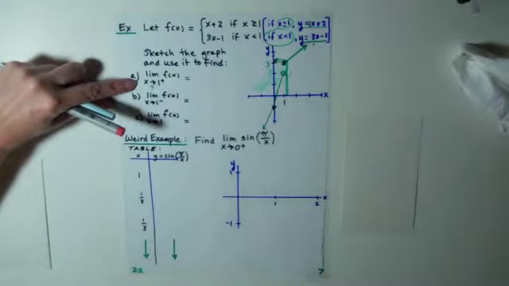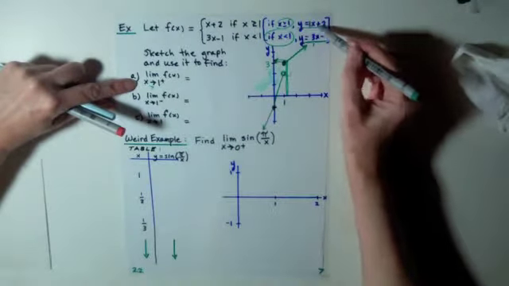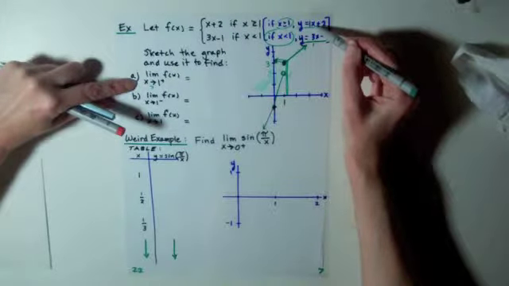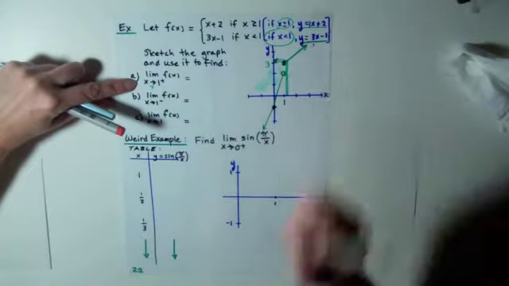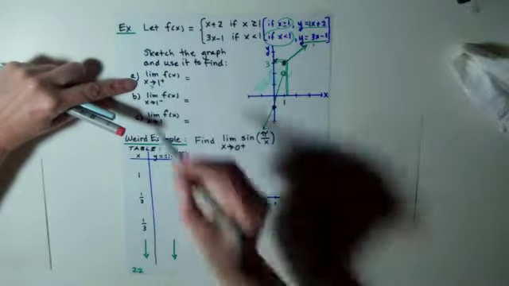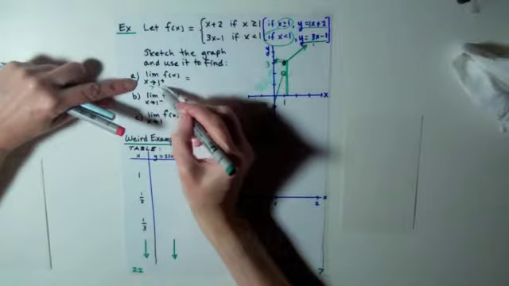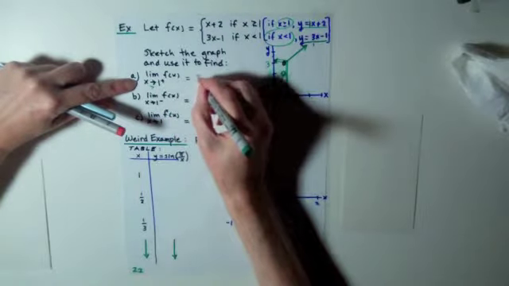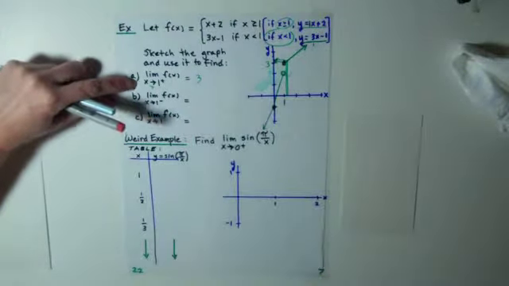We can do it from the graph. You could probably also do it from the equation up here. As x gets closer and closer to 1, something that's closer and closer to 1 plus 2 is getting closer and closer to the number 3. So the limit as x approaches 1 from the right of this function would be equal to 3.